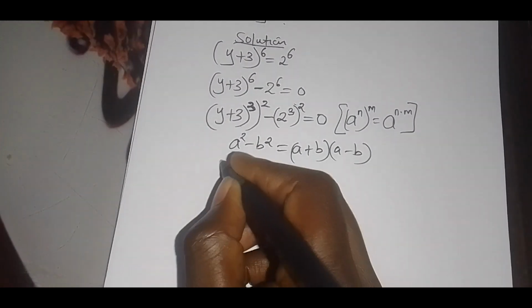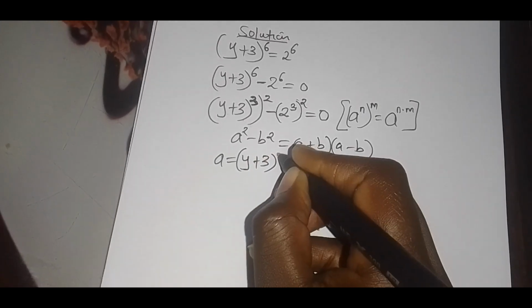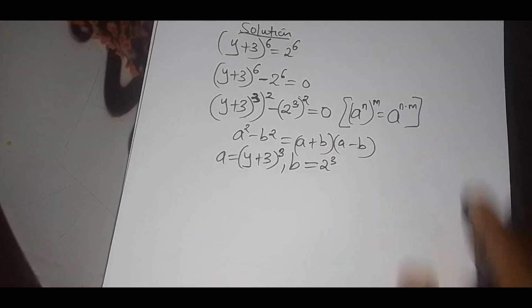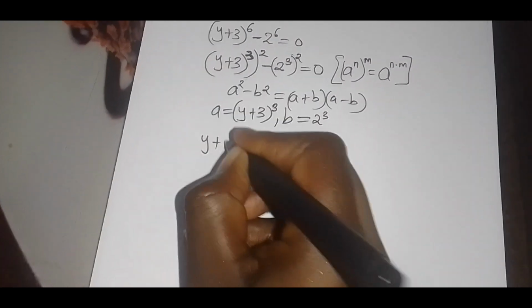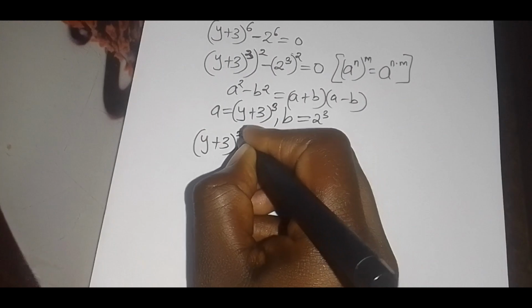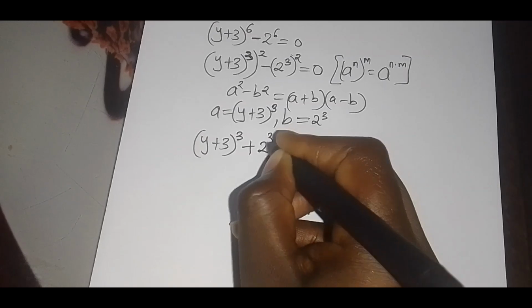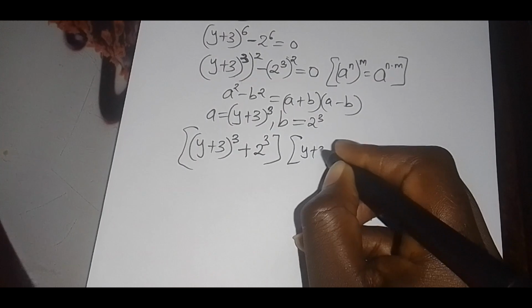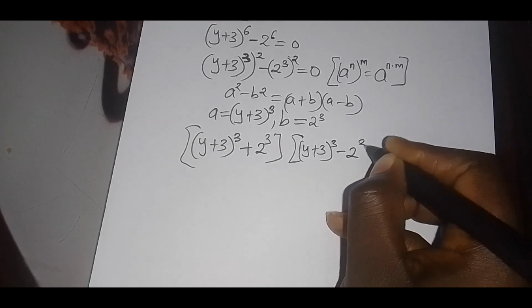Now our a is equal to (y + 3)^3 and our b is equal to 2^3. So we have (y + 3)^3 + 2^3 as the first part, and then (y + 3)^3 minus 2^3.